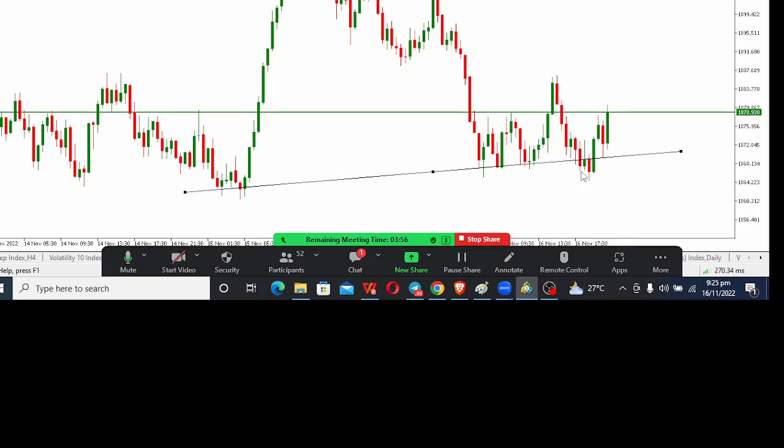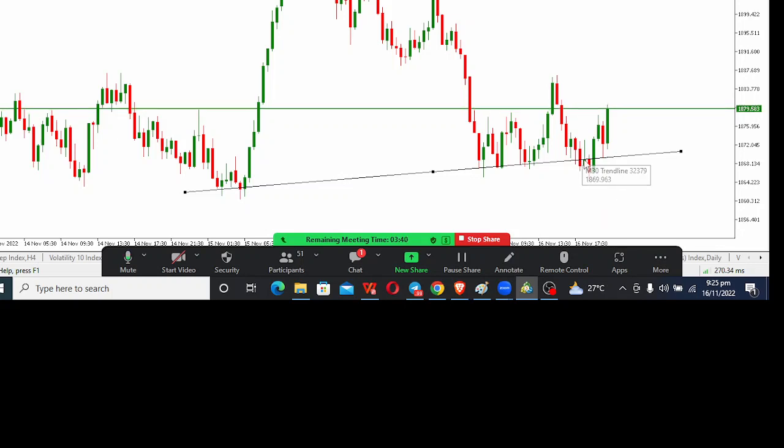You need to wait for the next candlestick to also form and then close below the close of the previous candle. So this was the close of the previous candle. And then look at where this particular candle closed. It opened here and then closed here.